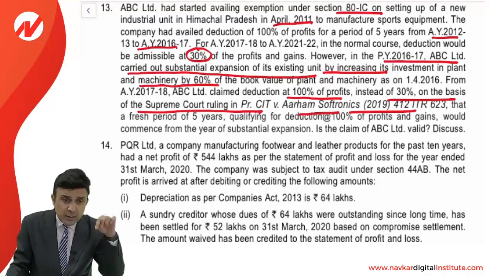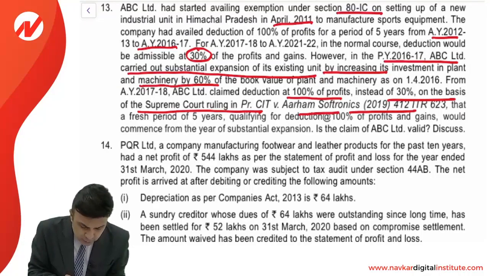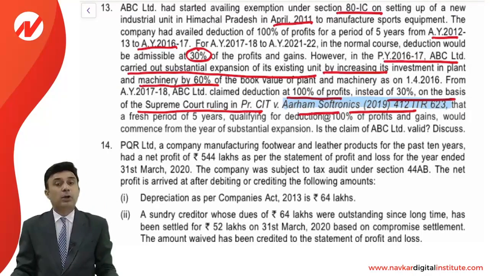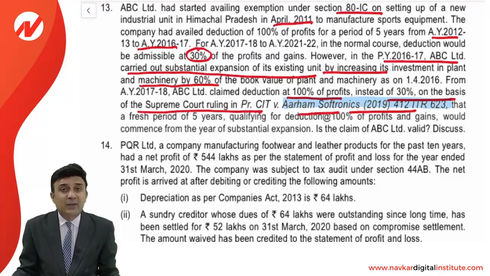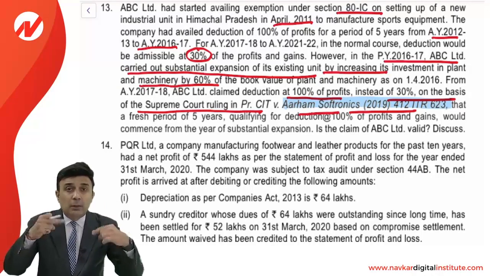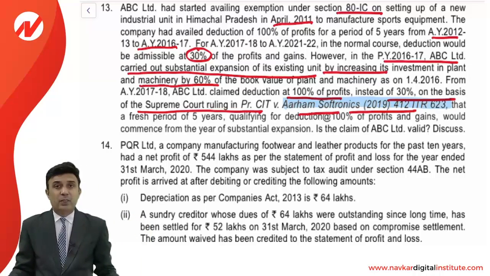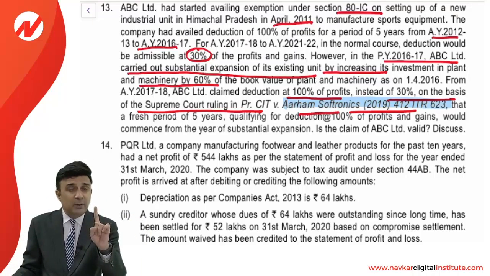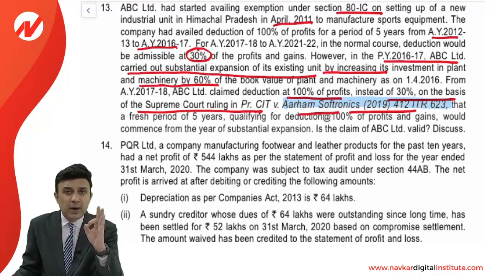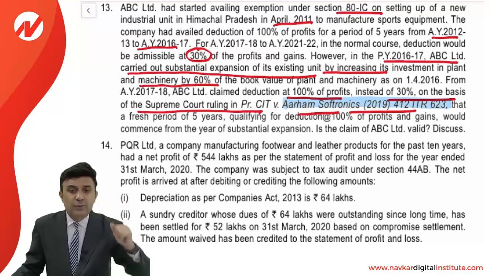Even if they themselves are quoting the judgment, what is important is they are asking you something about the judgment. The judgment is applicable only if substantial expansion would have been undertaken up to 31st March 2012.